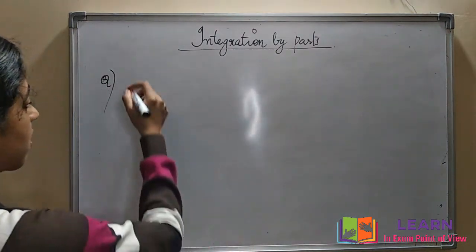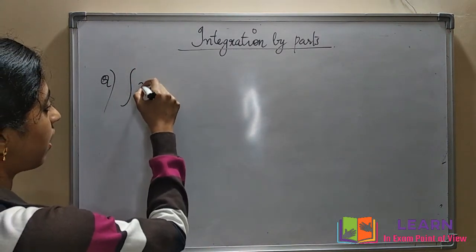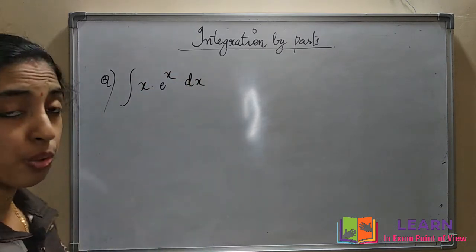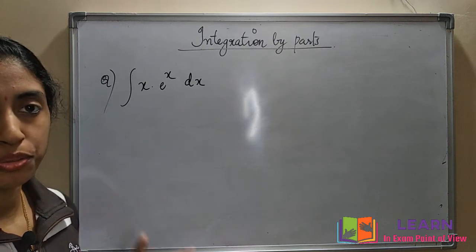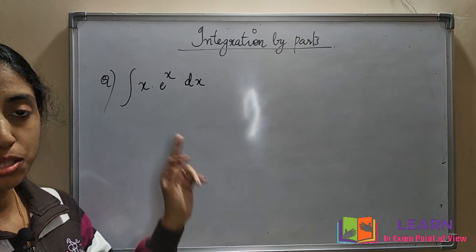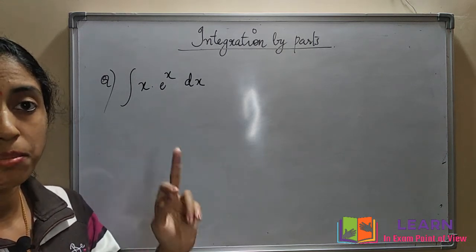One more problem we can check. The next question is integral x into e raised to x dx. How will you identify what we need to do in this integration? There are two x terms, that means a product. So we will do integration by parts.